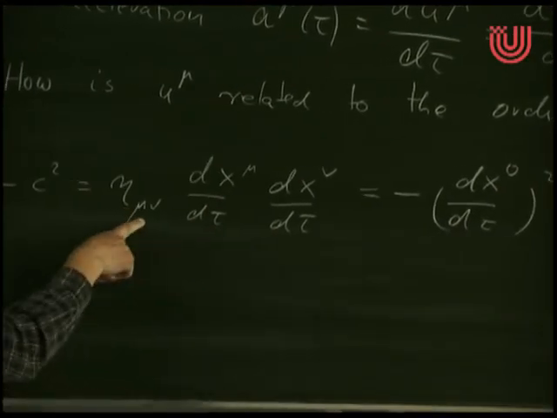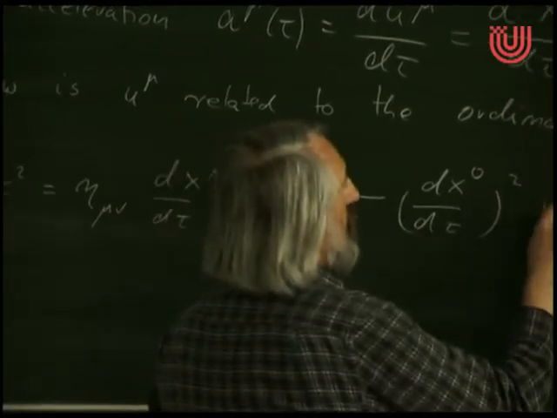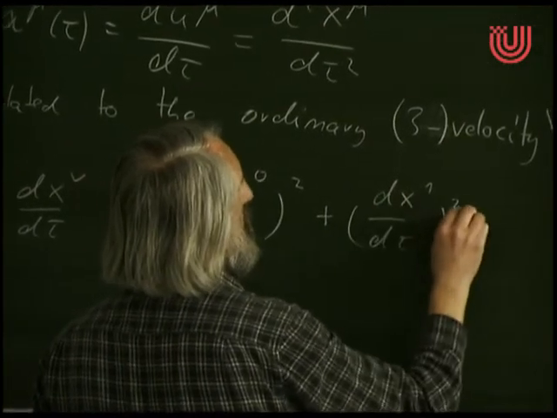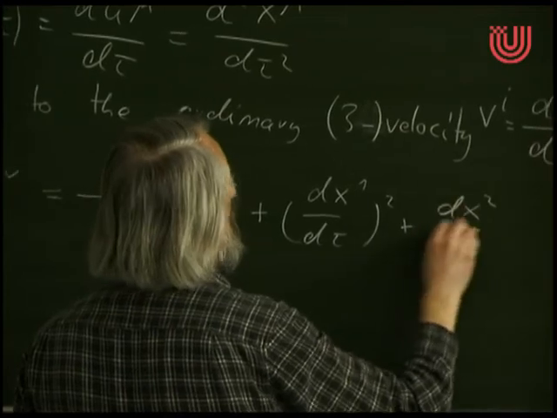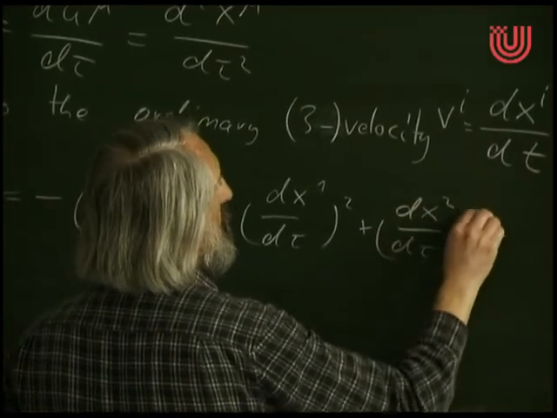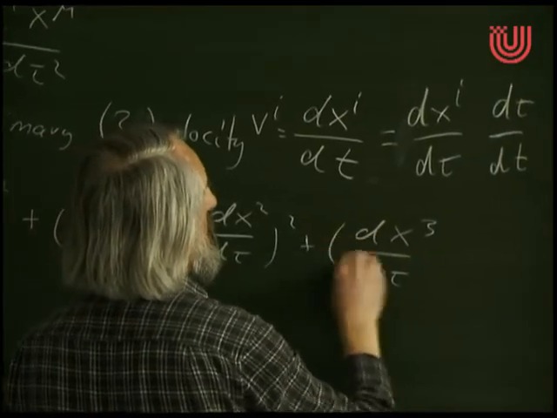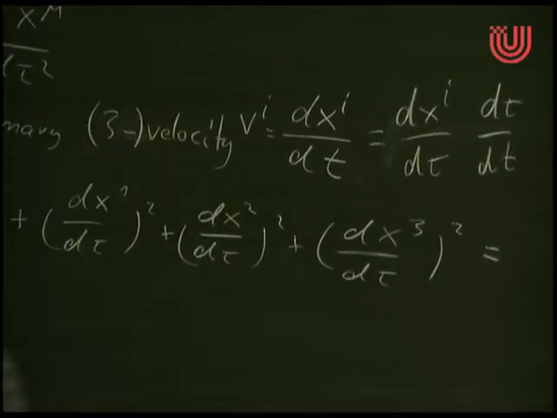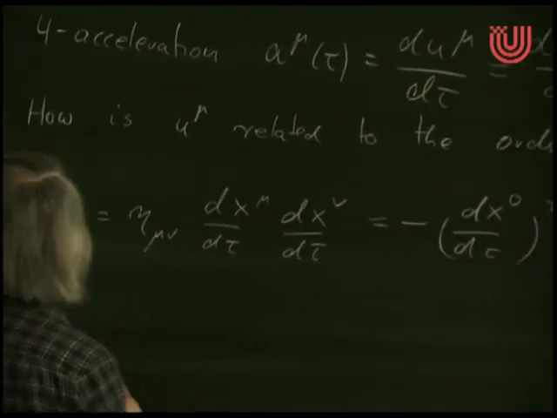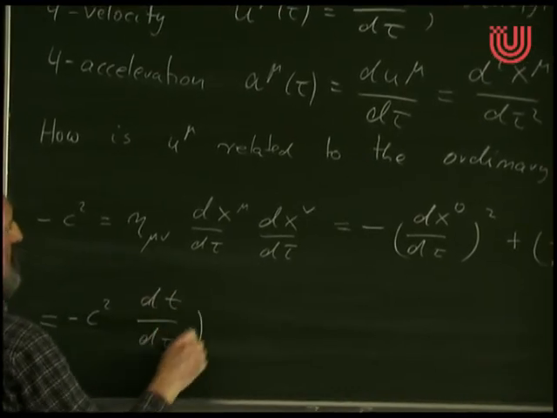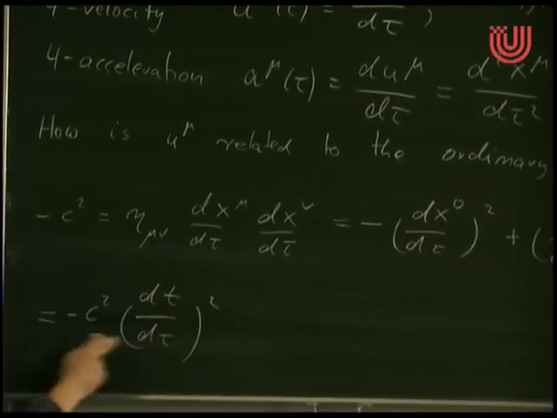And the other three come with a plus 1. So I get plus (dx^1/dτ)² plus (dx^2/dτ)² plus (dx^3/dτ)². Okay, the first thing, x^0 is c times t. So this is −c² and then (dt/dτ)². That's the expression which I want to determine, right?